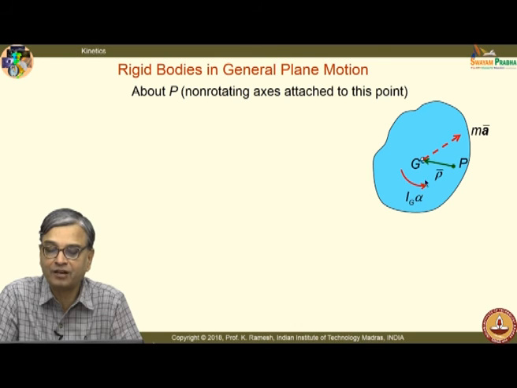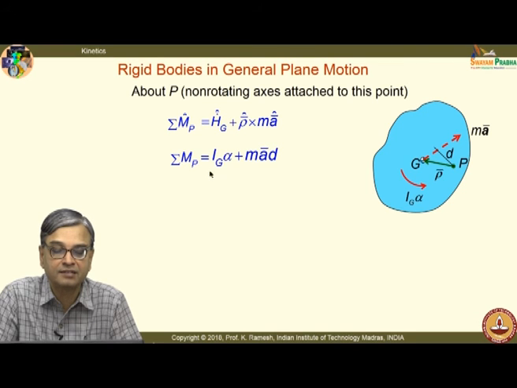So, I have ig alpha, m a bar, and mp equal to h dot g plus rho bar cross m a bar, and I have mp equal to, this is the perpendicular distance d. So, I can write this simply as ig alpha plus m a bar into d. It is a very, very important expression. You will repeatedly use it later on in solving problems.